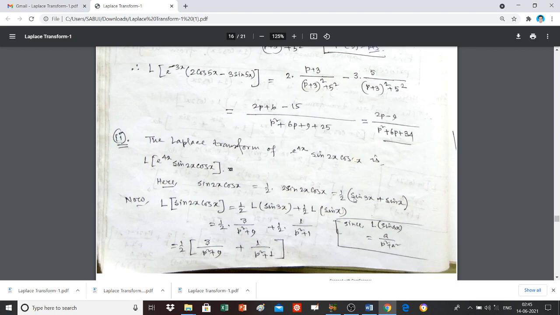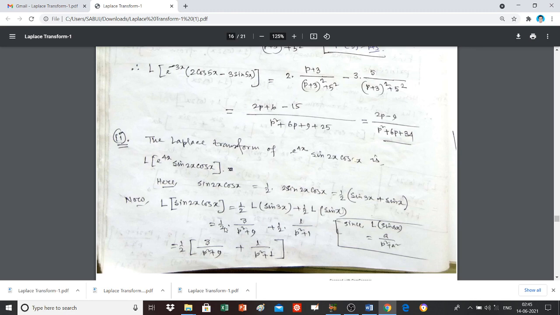So this can be further written as half of sin 3x plus sin x. So now the Laplace transform of sin 2x cos x is equal to half, Laplace transform of sin 3x, plus half, Laplace transform of sin x.